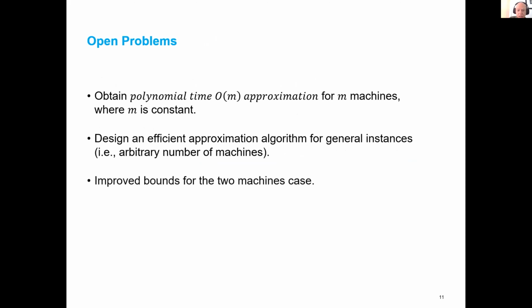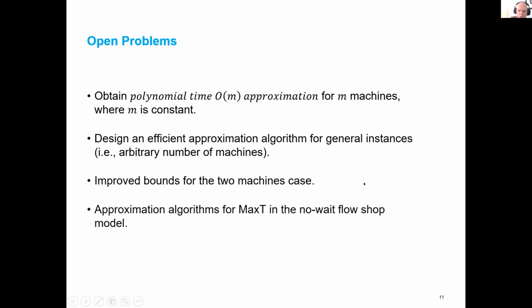The one thing that I wanted to mention, and this is why I mentioned the no wait, is can we get an approximation algorithm for the maximum throughput in the no wait flow shop model?